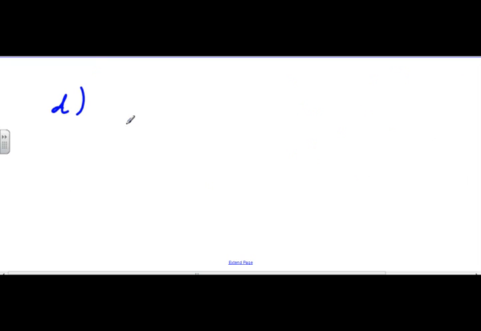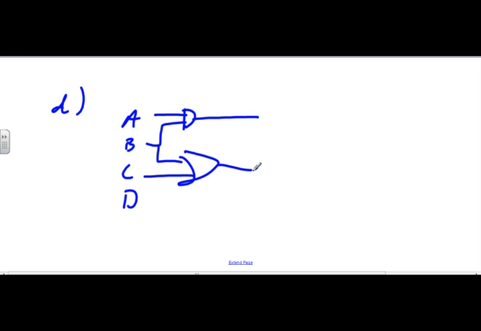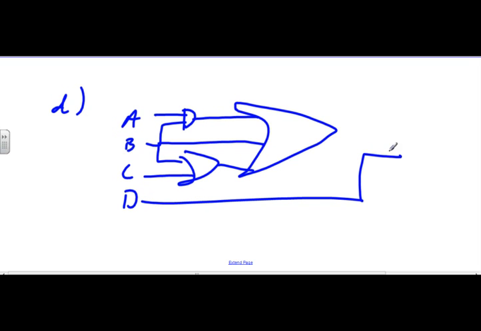Delta. A, B, C, D. I've got an AND gate, an OR gate, a 3-input OR, and my D coming out to an AND, and I've got a Z. I got a 4-0 for my drawing.